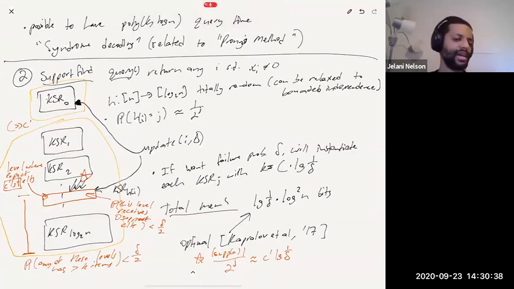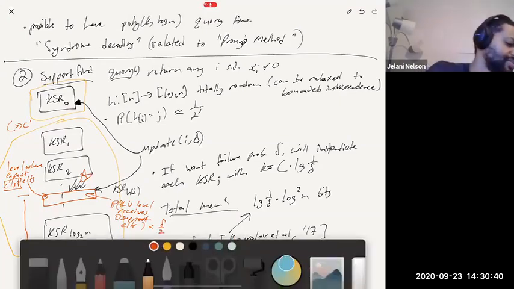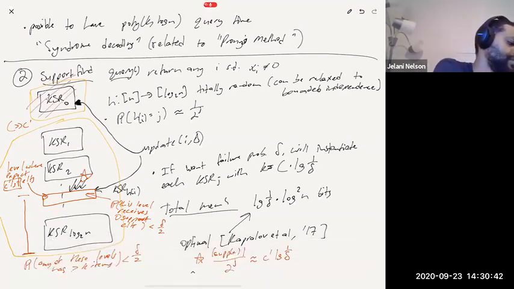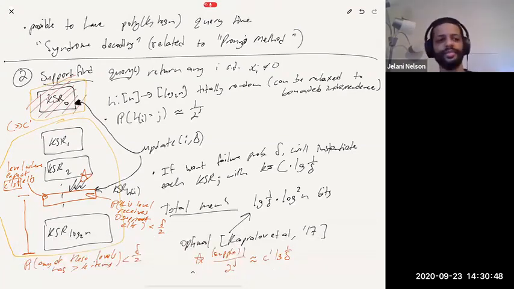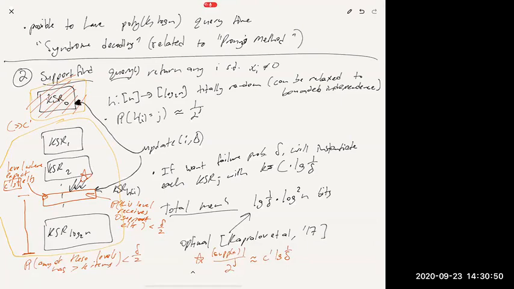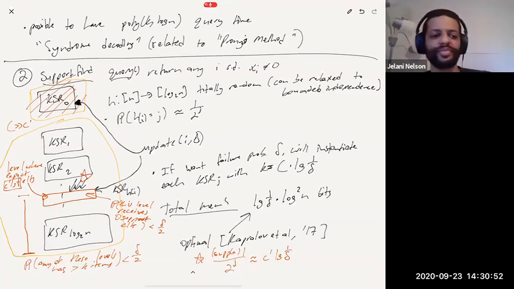So yeah, I think you're right. I don't even need KSR 0. Okay. Does that sound right to you? Yeah, I think so. Okay, good. Any other questions? Okay. Yeah, I guess we did need such a thing with distinct elements, but for this particular problem, it seems like we don't need it.